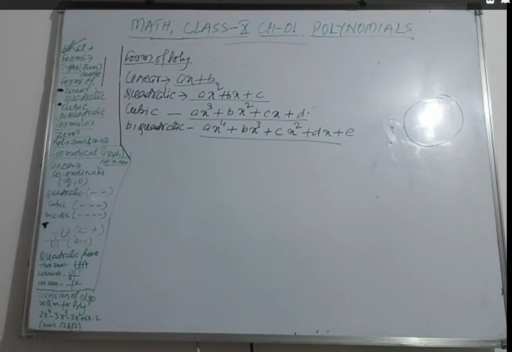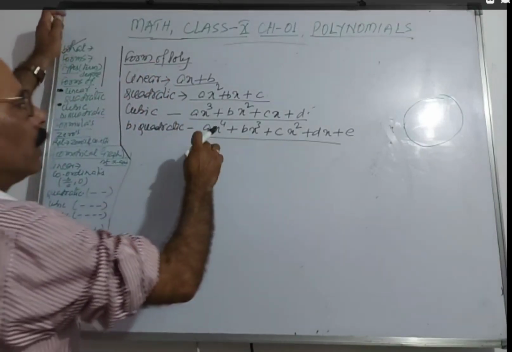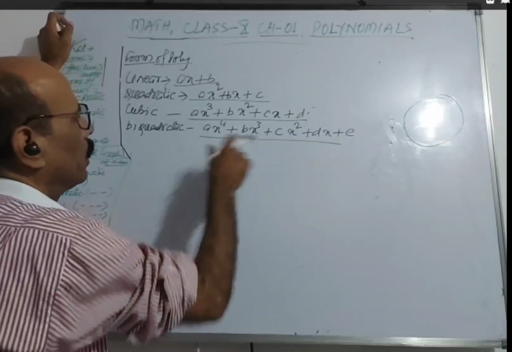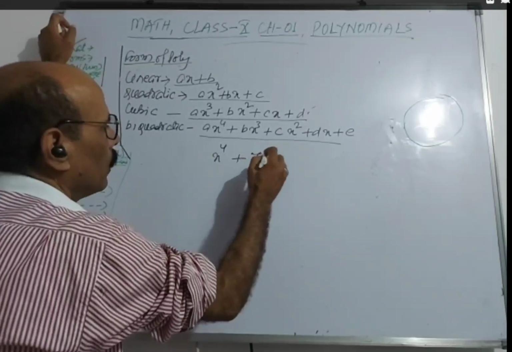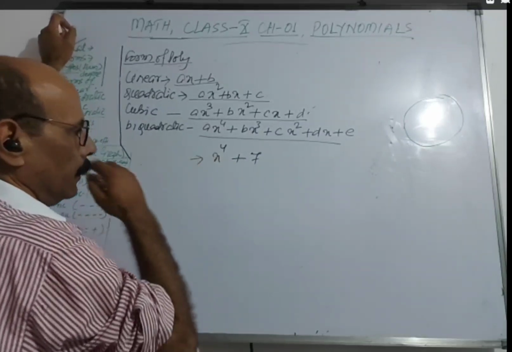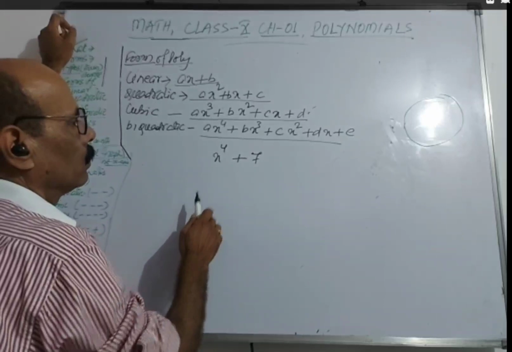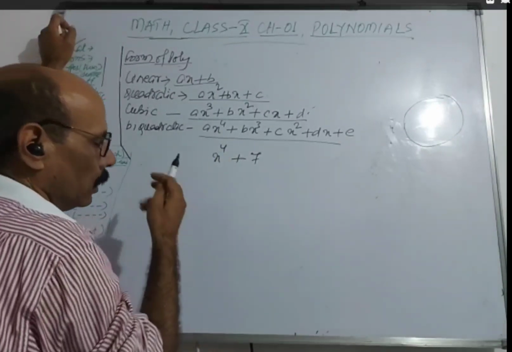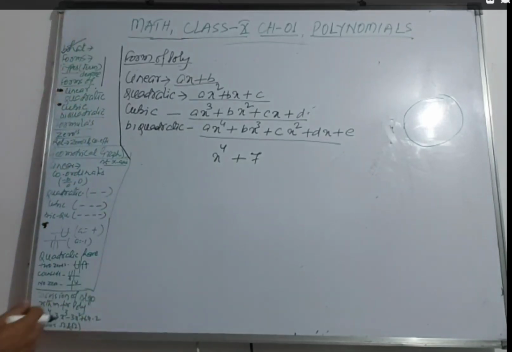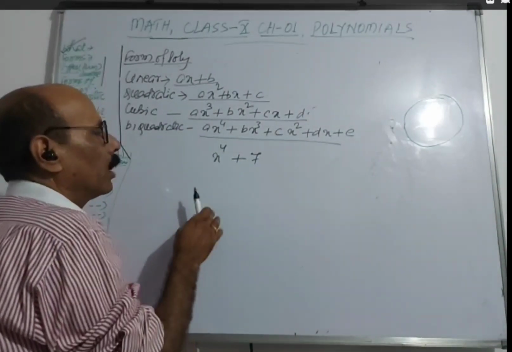But one thing comes up. Suppose a biquadratic polynomial, x to the power 4 plus 7, is written. Just understand. So this is what polynomial? Biquadratic. Why is it biquadratic?